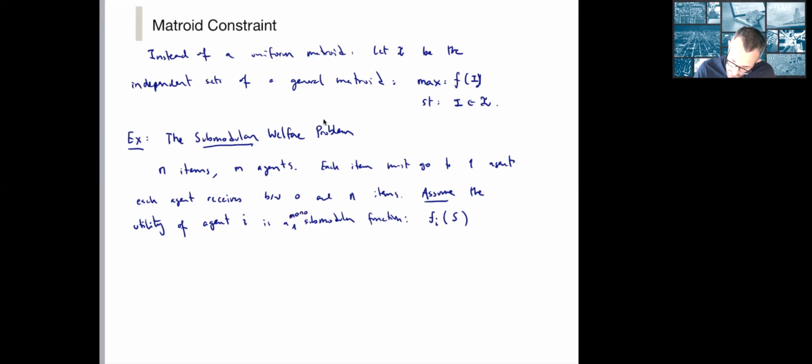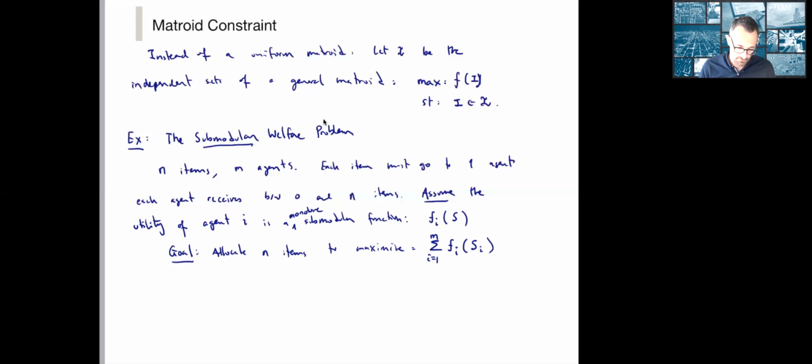And it's also monotone. That means that agents only become happier as they get additional items. And the goal is to allocate the n items in order to maximize aggregate utility, which means the sum over all the agents of their utilities. I'll write this as f_i of S_i, and of course the S_i's need to have their union be everything, and they have to be disjoint.